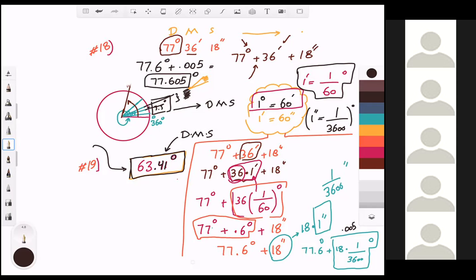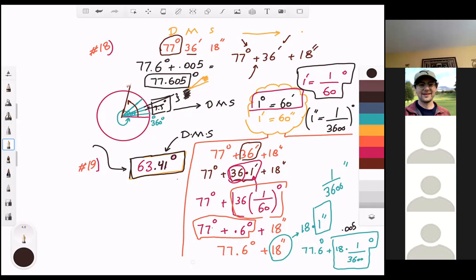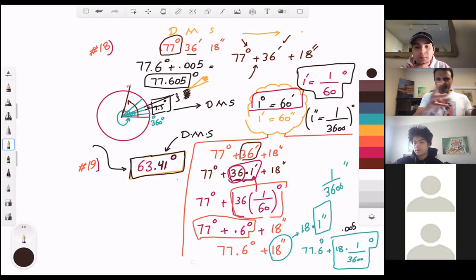So we know why we're doing this, because some computer doesn't understand the decimal. Also in the calculator, some calculator that you give them this, they give you DMS. But we are learning how the calculator works, okay? So we're gonna make this one to DMS.